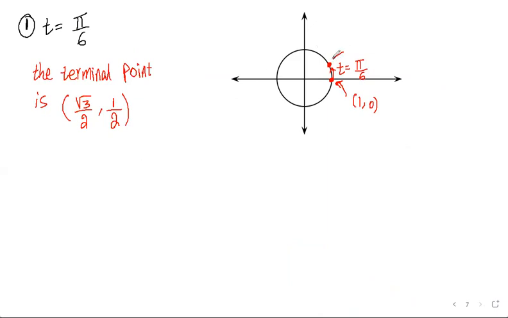So this point here is square root of 3 over 2, 1/2. This is directly from the table. Number 2.